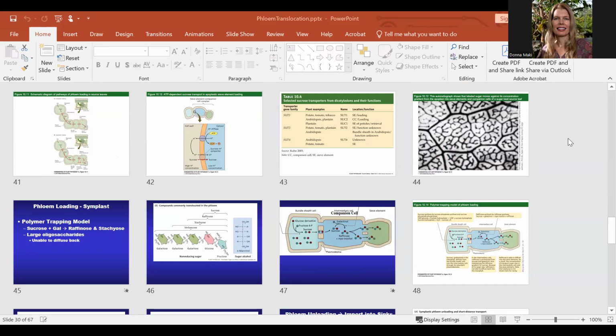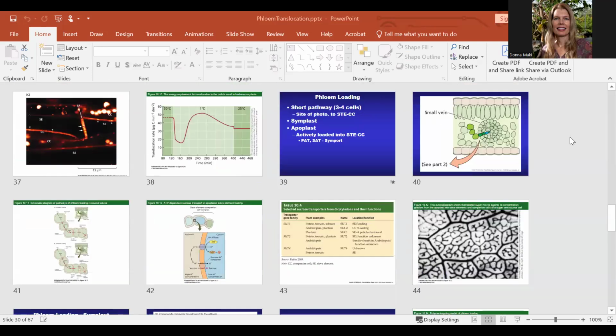Some other information in here. Well, we need to move on to mineral nutrition.